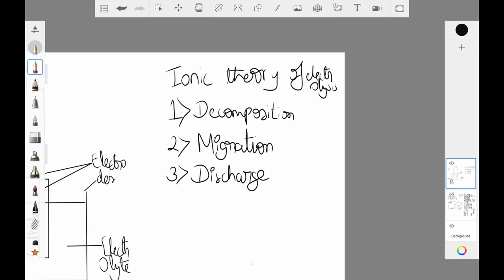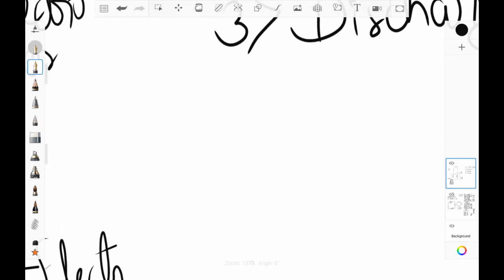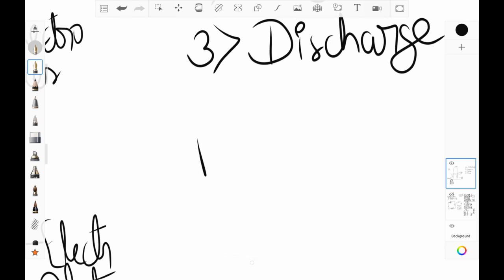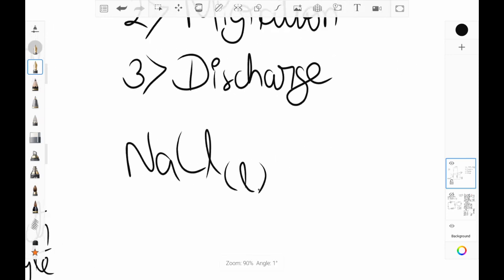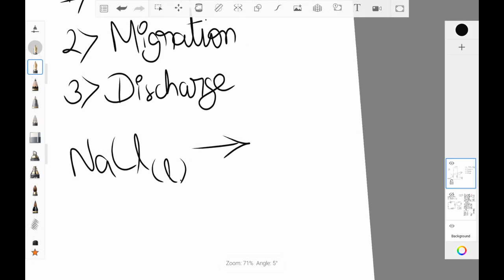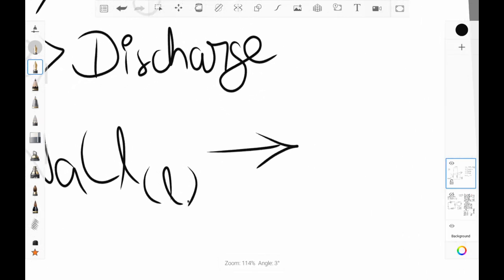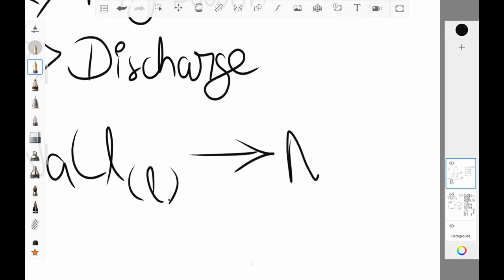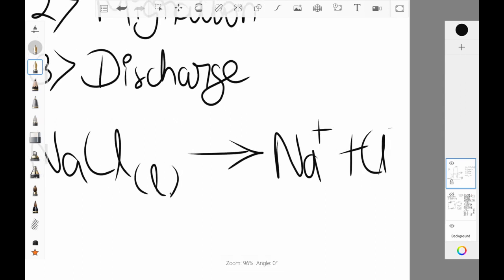So when you pass direct current through the electrolyte, it's going to decompose into its respective cations and anions. So for example, a molten electrolyte such as NaCl will decompose into its congruent ions. So it's going to form a sodium ion plus a chloride ion.